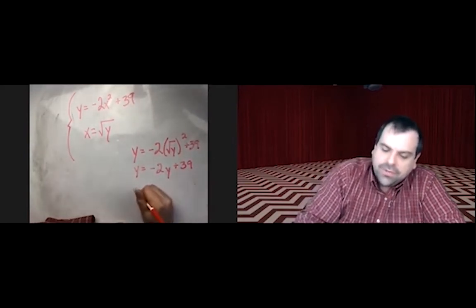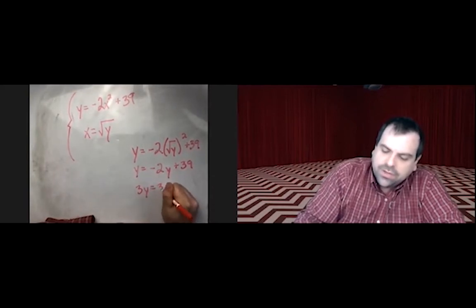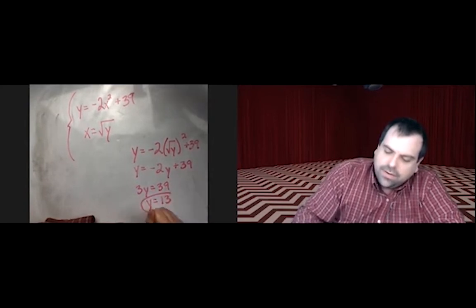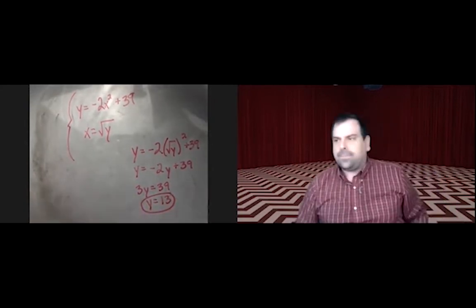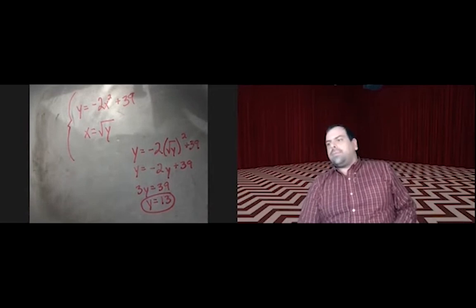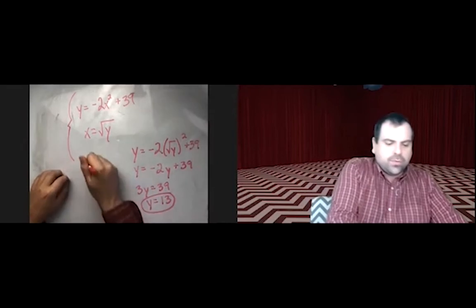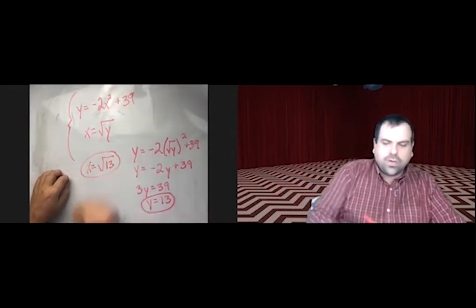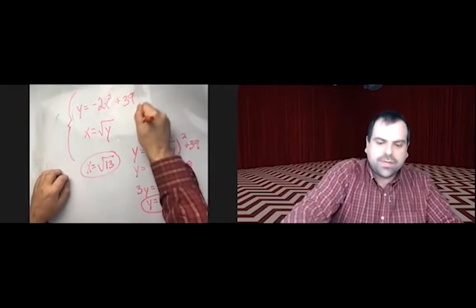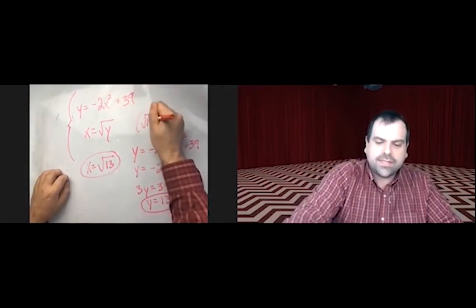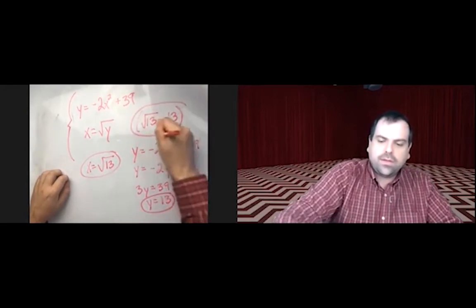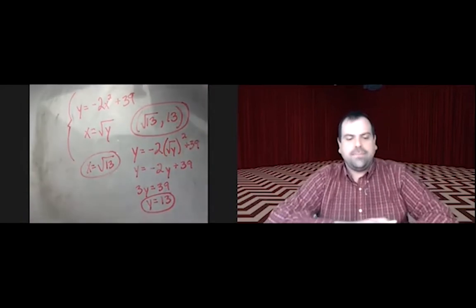Add 2y to both sides, we get 3y equals 39. We get y equals 13. And x is the square root of y, which means x is the square root of 13. So our answer is the ordered pair, where x is the square root of 13 and y is 13.